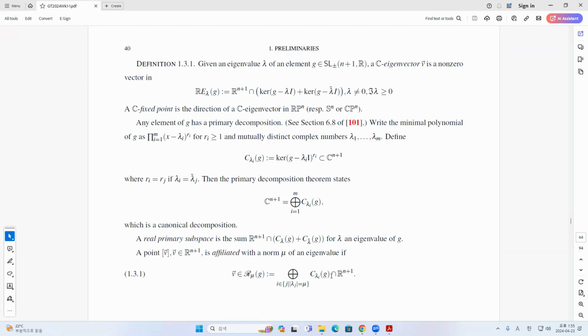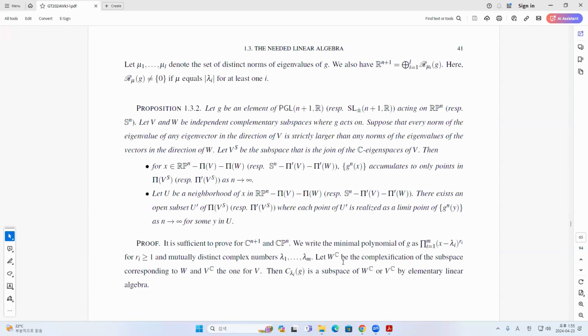I think there should be some parentheses here, but I forgot them. Anyway, it is not the intersection and then taking the direct sum. So if you have distinct norms of eigenvalues, then R^n is the direct sum like this, and this is not zero if mu equals the norm of lambda for at least one lambda.